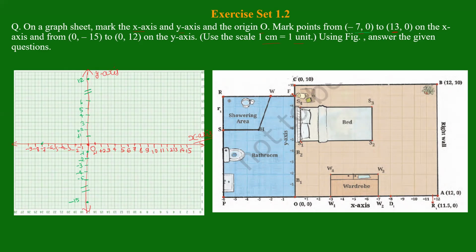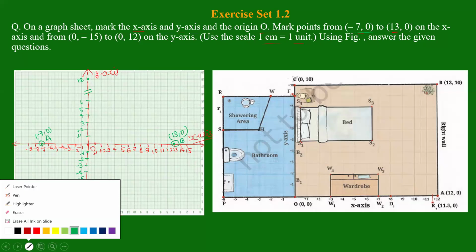Since on the x-axis, y is 0, this is the point with coordinates -7, 0. Next we have 13. This is 13 on the x-axis, and the y value here is 0. These two points we can give some names. Suppose this is point A, this is point B.